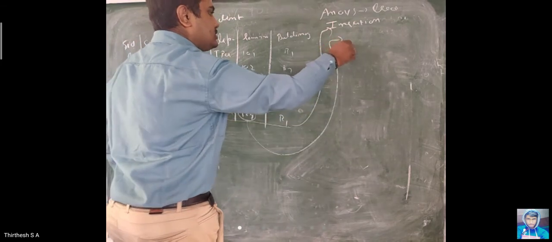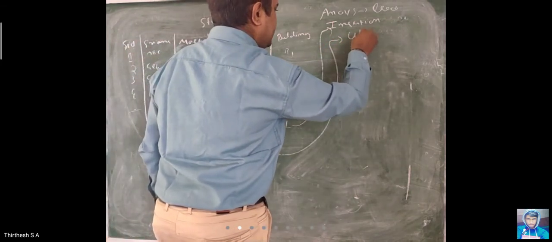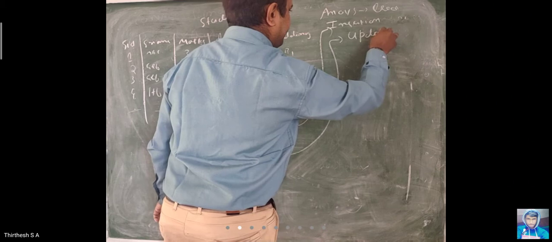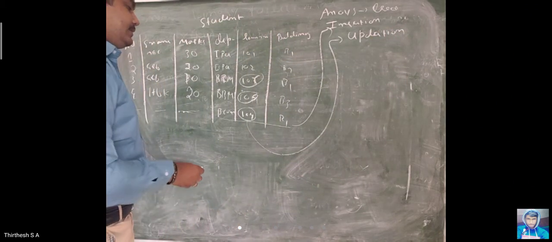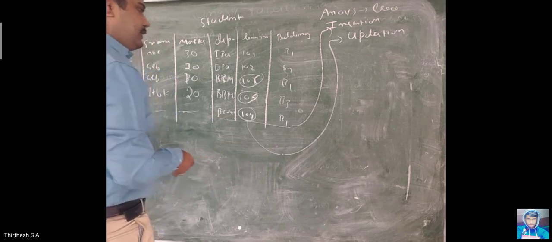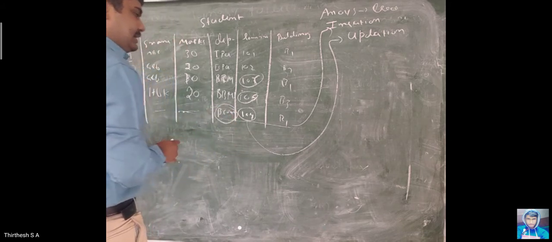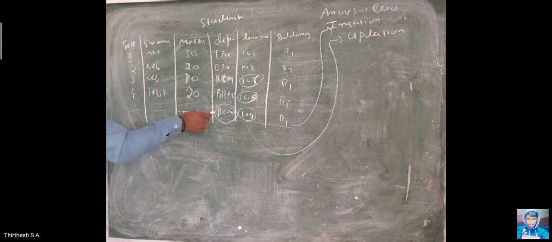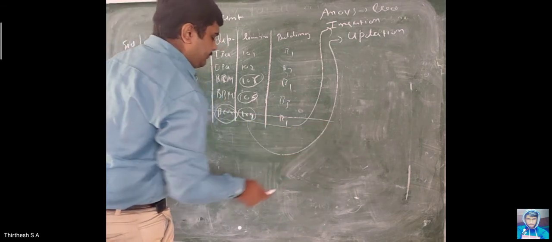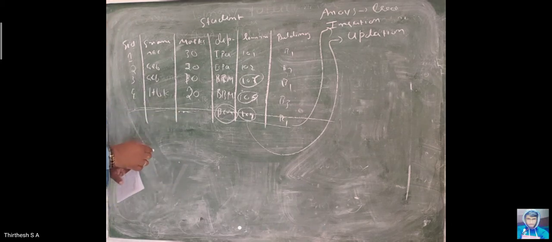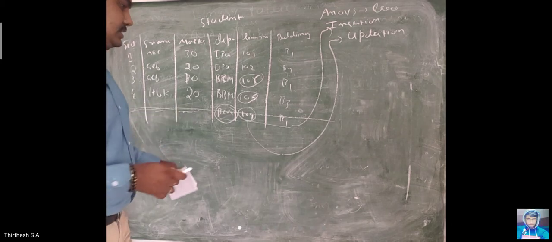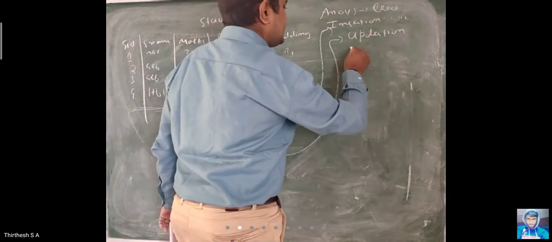Such an anomaly is known as an updation anomaly. When you delete, we can't delete a single set of entity, we should delete the complete row. If you delete the complete row, there may be a chance to lose different kinds of data present in the database. Such an anomaly is known as a deletion anomaly.